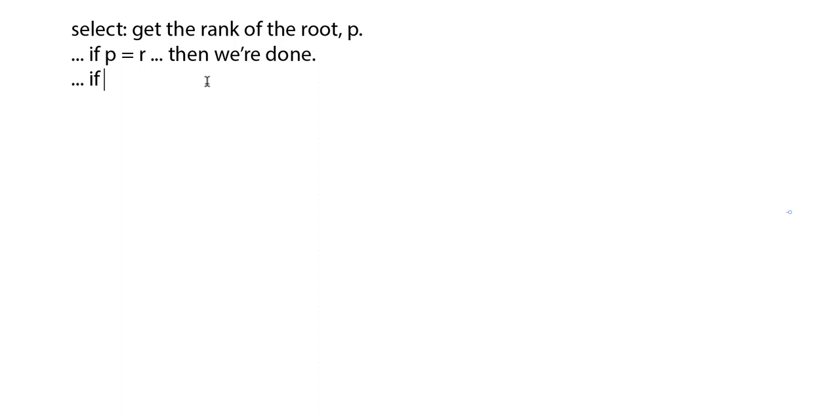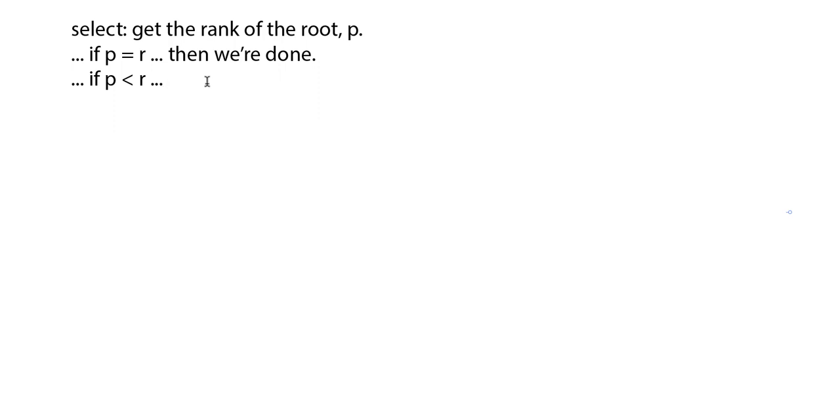Otherwise, if P is less than R, so if the rank of our root is less than R, well then in that case, what do we do? If we need the lower rank, then we go to the left subtree, right? If we need the higher rank, then we go to the right subtree and search for R minus P instead.